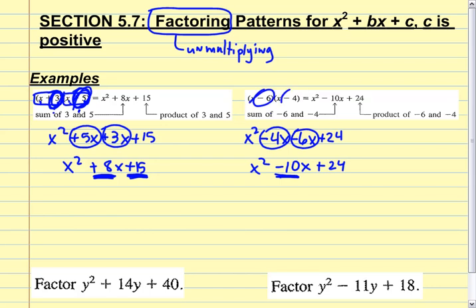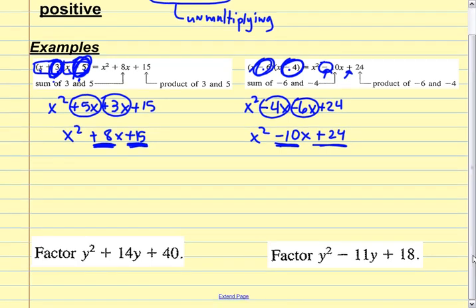This times this equals the back term. If this is negative and this is positive, do you see that both of these things have to be negative? Because when I multiply them, I get positive 24. When I add them, I get negative 10. Not bad. That's what they're asking us there.